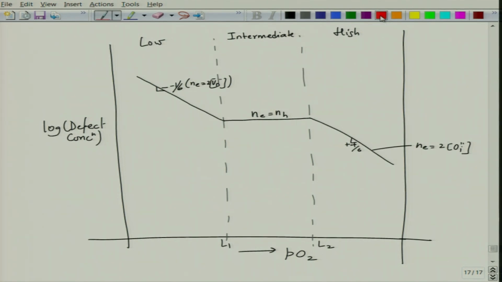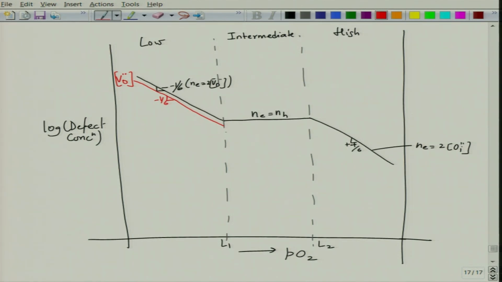Now let us make other lines. What about the oxygen vacancy concentration? This is VO. So this is minus 1 over 6 here. How does it follow in this case?